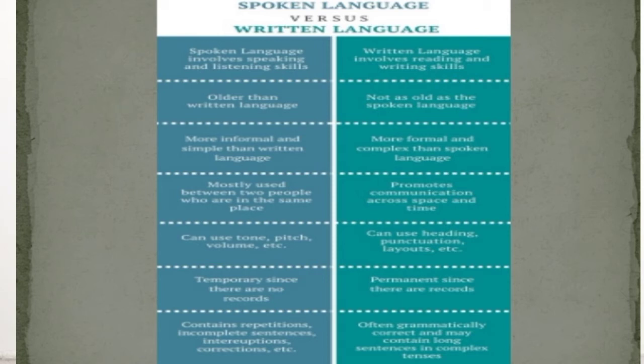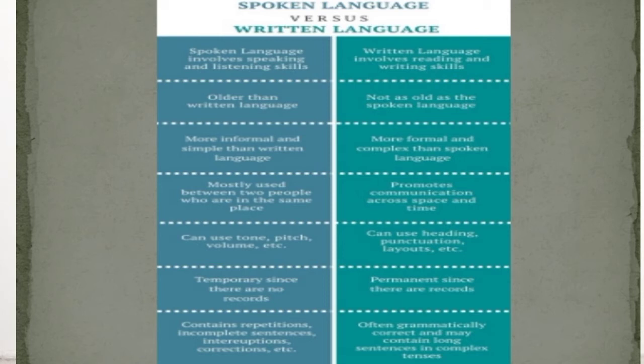Spoken language can use tone, pitch, and volume. On the other hand, written language can use headings, punctuation, and layouts. Spoken language is temporary since there are no records, but written language is permanent because written language has records.